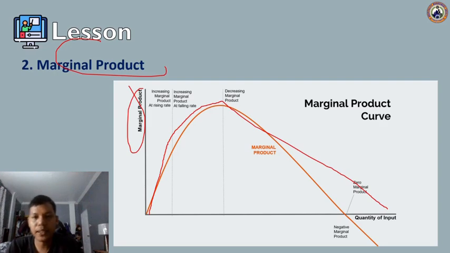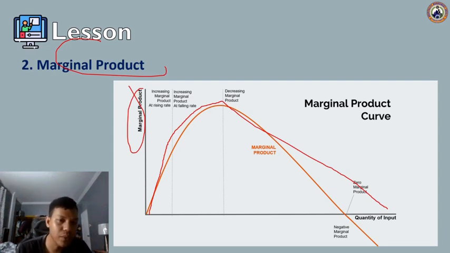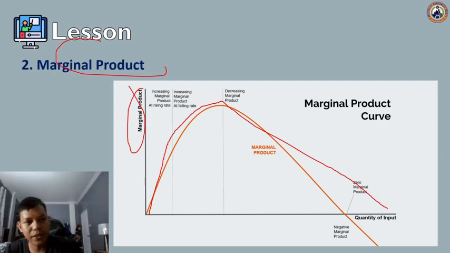That is really important when we become a manager. We need to consider hiring employees. We need to add more employees if we need to produce more products. If we are not going to produce more products, it is not ideal to hire more employees because it will add up to our expenses. So that is for marginal product.